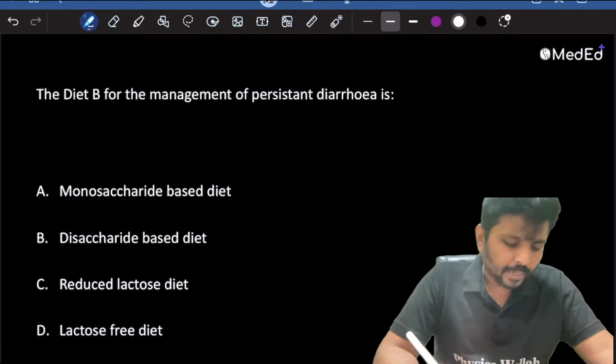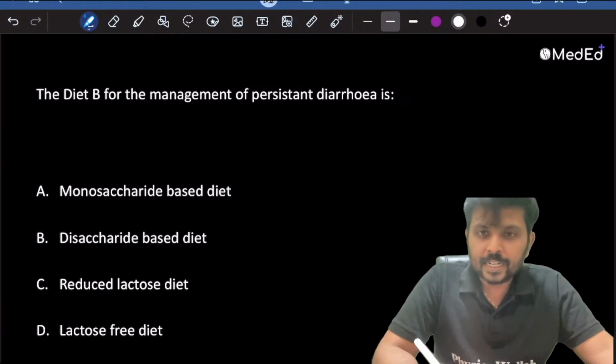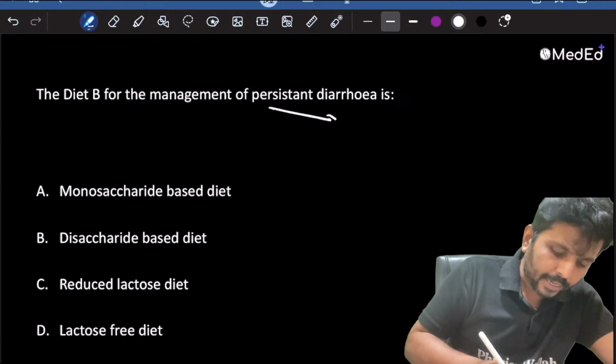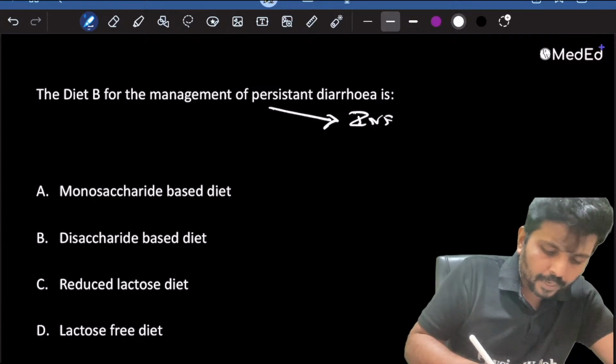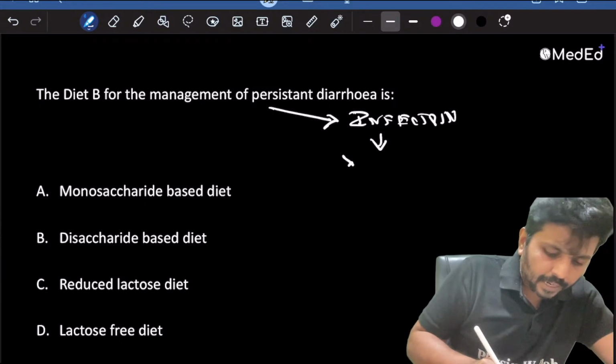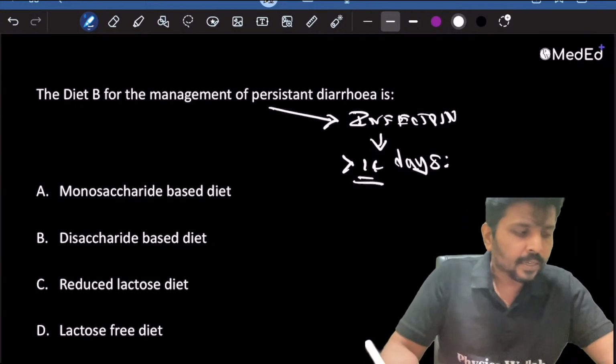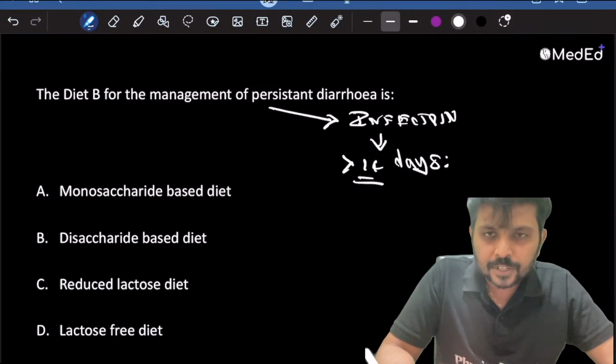Then, the diet B plan for the management of persistent diarrhea. What do you mean by persistent diarrhea? It is often due to infection, probably rotavirus, and if it lasts for more than 14 days, very important, this is called persistent diarrhea.